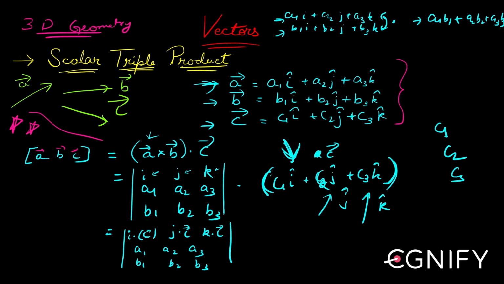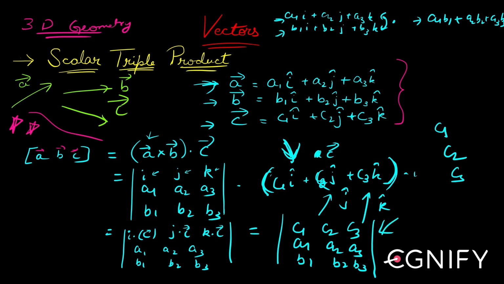Then you can verify yourself. You dot this with I, these two will become 0 and you'll only be getting C1. If you dot this with J, then these two will become 0, you'll only be getting C2. Similarly, if you dot this with K, you'll only get C3. So ultimately, the final result is C1, C2, C3, A1, A2, A3, B1, B2, B3.